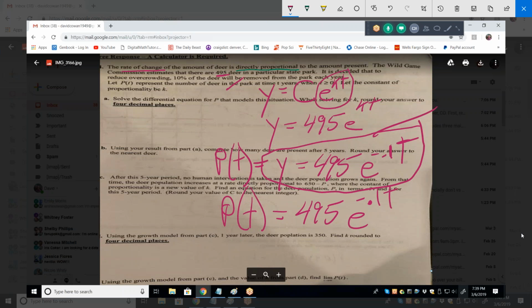Now, it isn't always years. When you're dealing with bacterial growth, it's usually in days. Which is fine. You can have t in any units you want. It's just that it's got to match the units of K. And they've told us that K is 10% per year. So if K is minus 0.1, then t has to be in years.